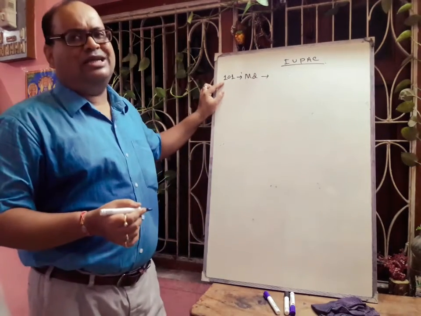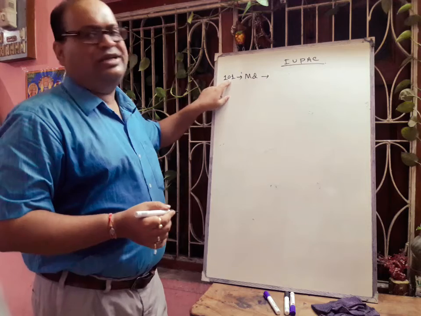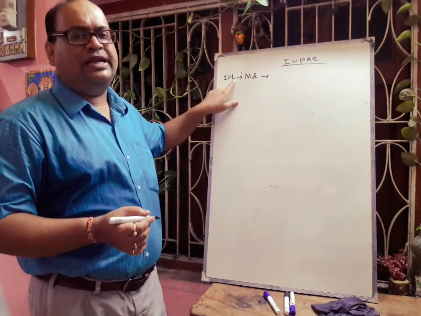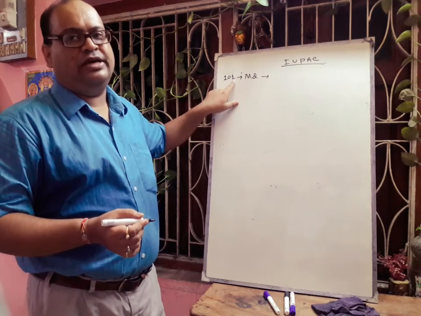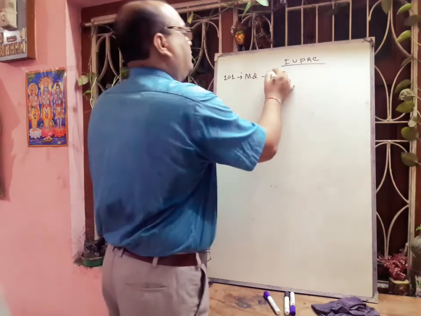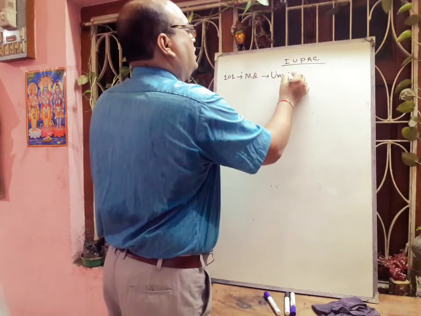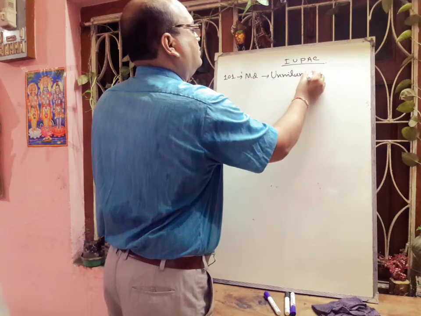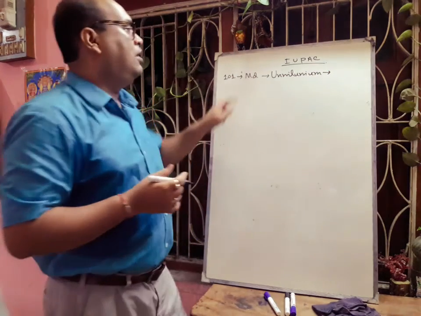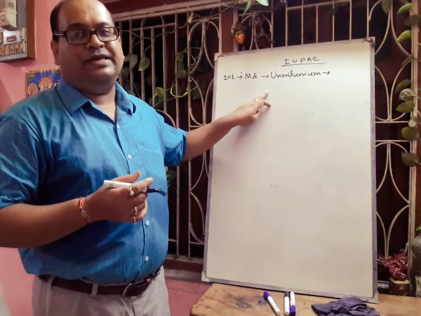In case of 1 we say un, 0 we say nil, and this is 1 un, and finally we have to add ium. So its IUPAC name will be Unnilunium. And then what will be the symbol of this element according to IUPAC?